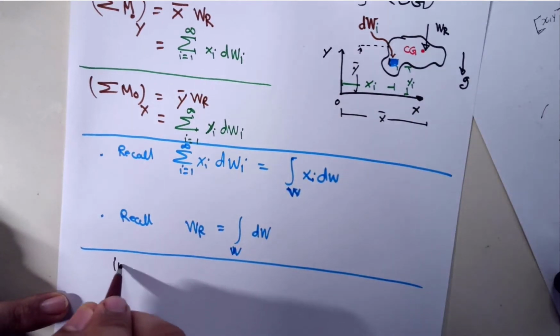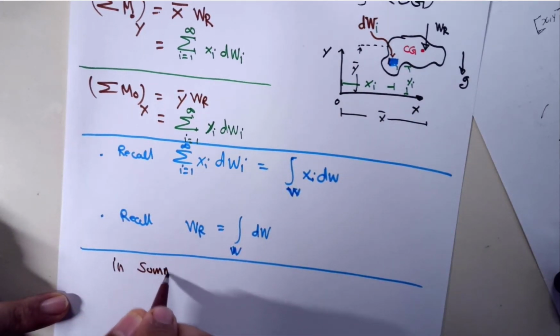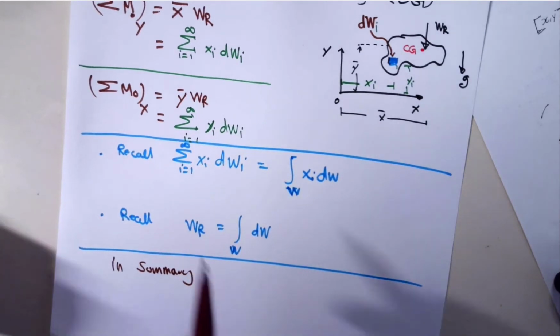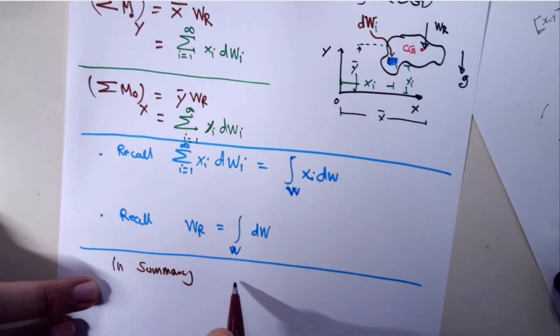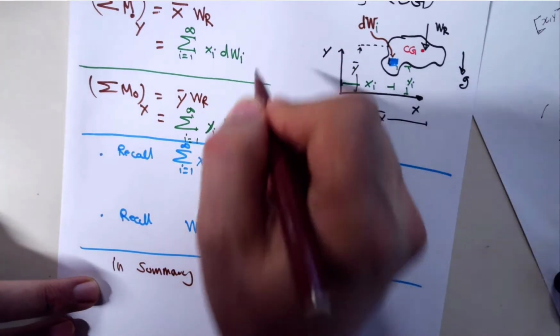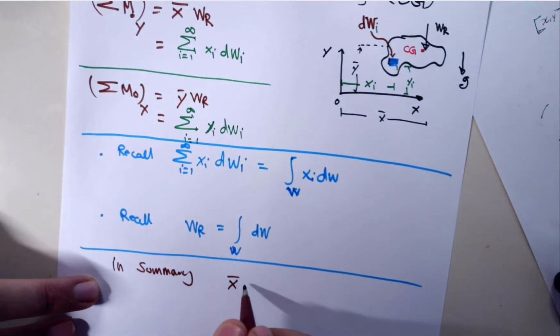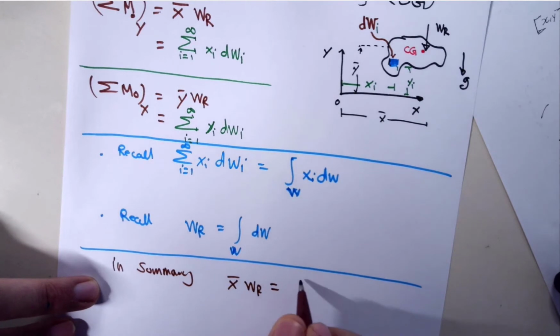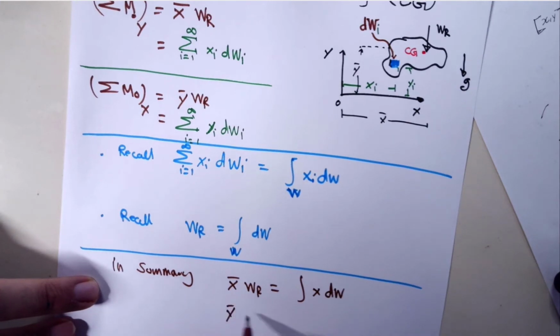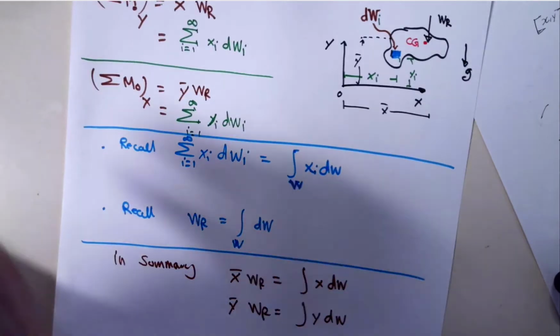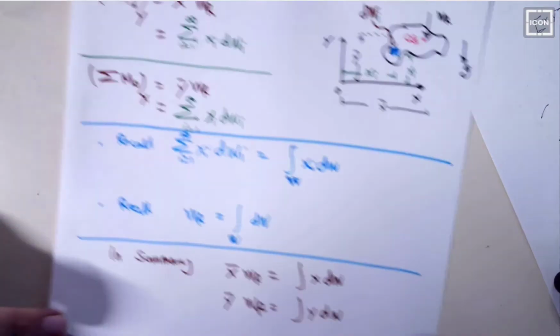So in summary, to identify the location x bar from equation 1, this is equal to x tw, y bar, y tw. Great.